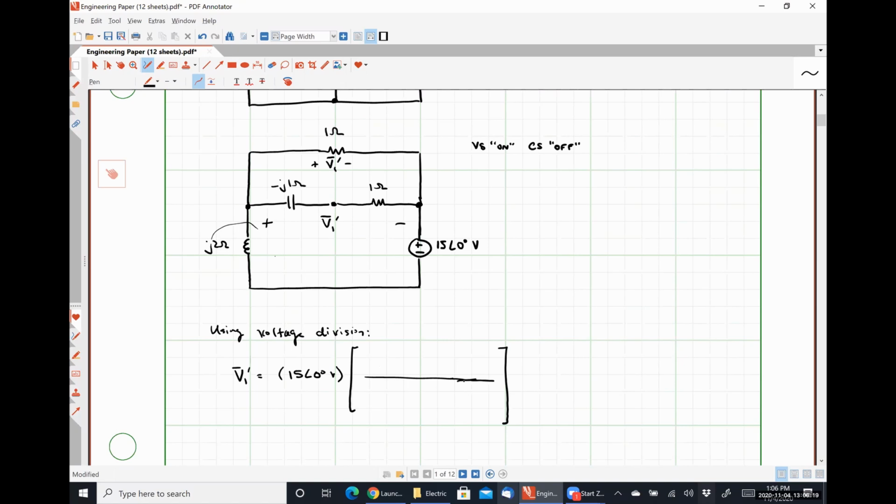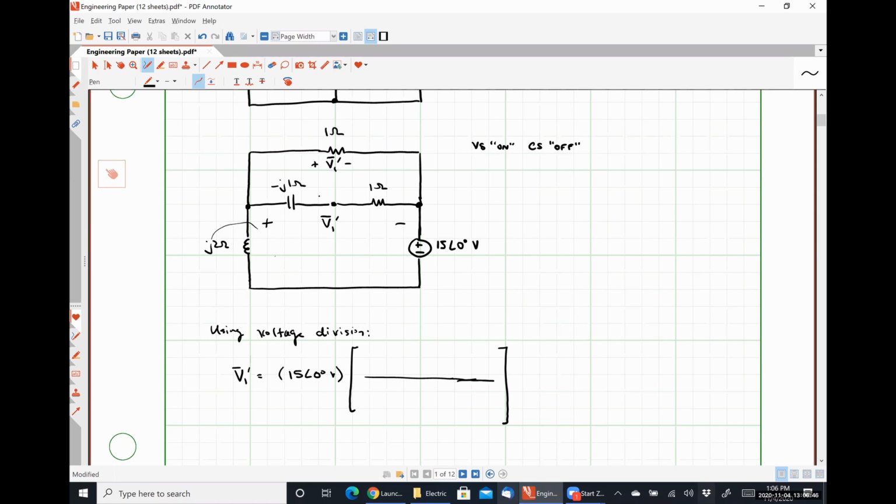So 1 over the value is current division. Yeah, so we want the impedance that we're trying to find the voltage drop over, which would be the parallel combination of this 1 ohm resistor and this 1 ohm resistor in series with our capacitor. Correct? Is that the impedance that we're trying to find the voltage drop over?